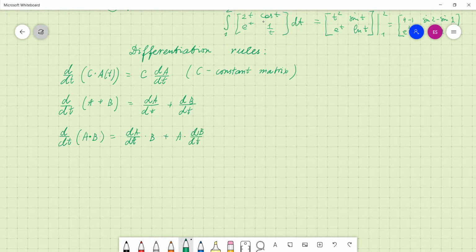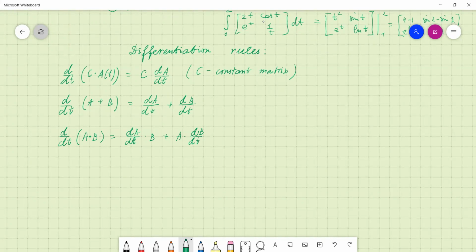For normal numbers, it was not very essential what to put first, the differentiated function or not differentiated. For matrices, we will need to keep the order, because remember, when we switch matrices, the result of multiplication is changing. So if your matrix A comes first, it's going to stay first in a derivative and as a factor. Matrix B comes second, stays second as a factor and as a derivative.